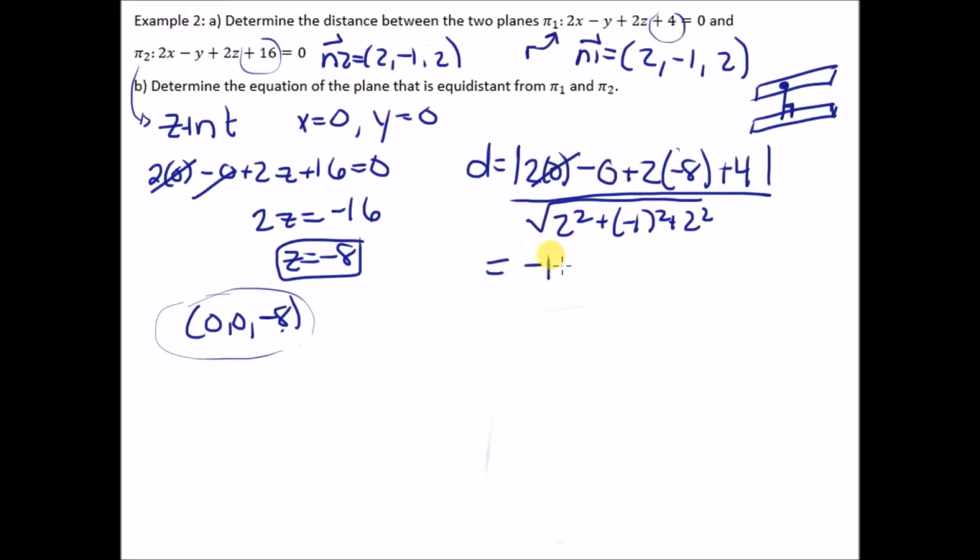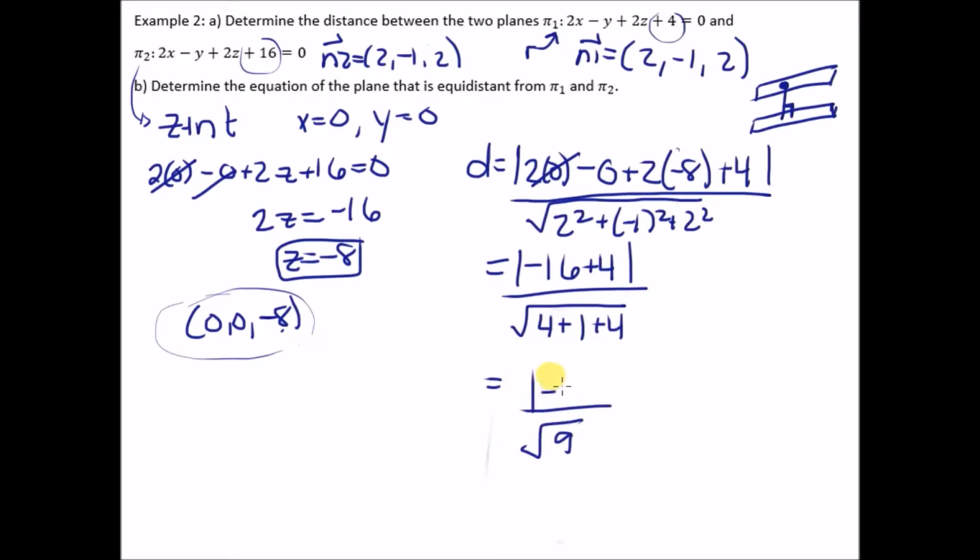I get negative 16 plus 4, absolute value, because that's going to be a scalar. And on the bottom, I get root 4 plus 1 plus 4, which is root 9. On the top, I get negative 12, so the absolute value there is 12 over 3. So I get 4 units.